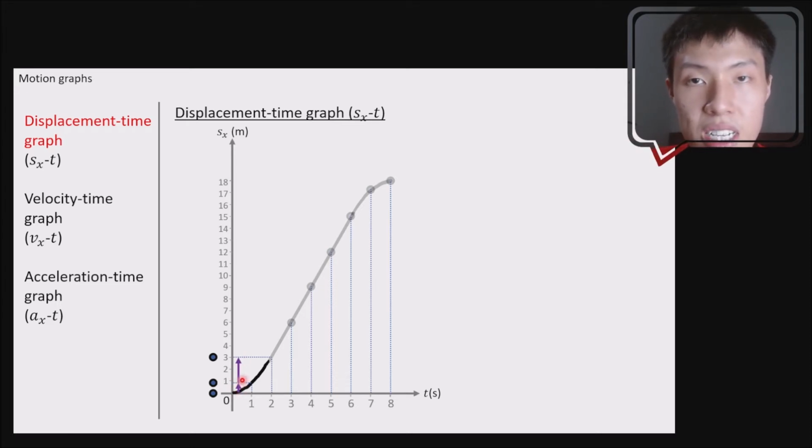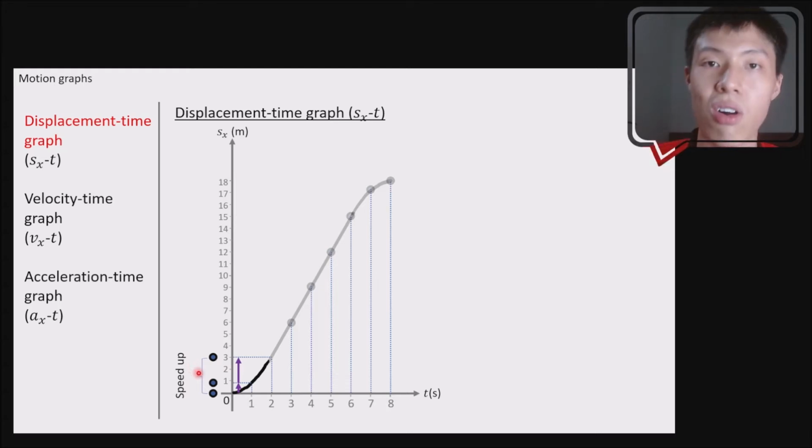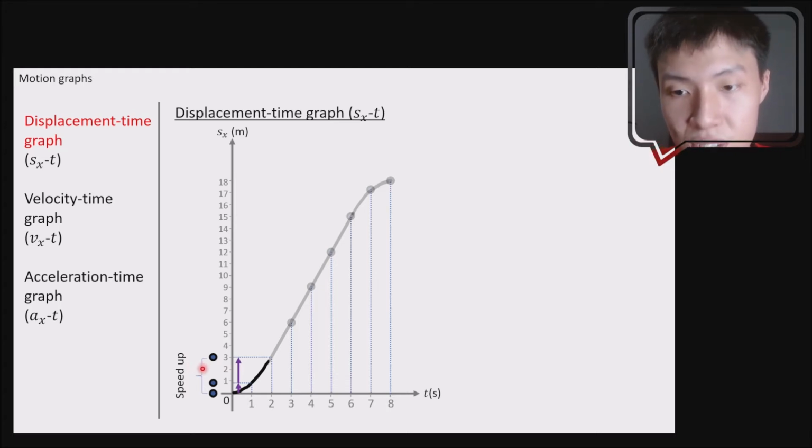So if the distance traveled increases for every second that has passed, that means the velocity increases. It's in the same direction, so the magnitude of the velocity increases. So what I can say here is it's speeding up, or the magnitude of velocity increases, or we can say the velocity is increasing.